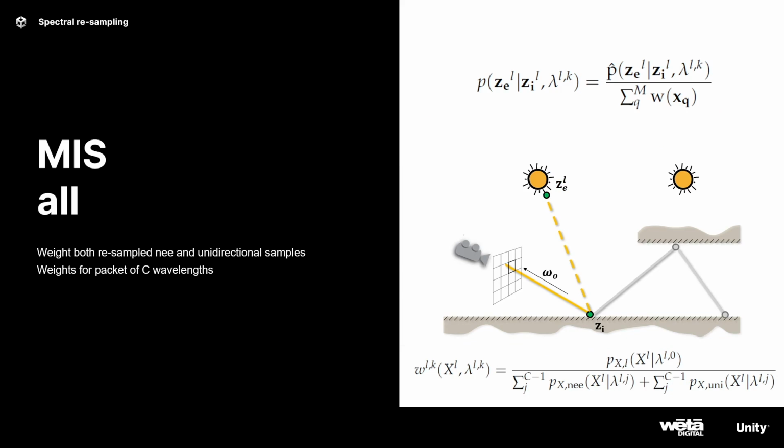Now we can generalize this so that we have multiple importance sampling weights that also take into account other sampling techniques. To that end, we use the script L, which stands for the sampling techniques, and K again goes over the wavelength sampling techniques.